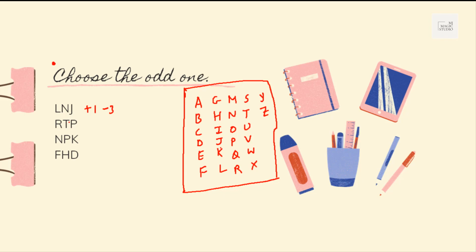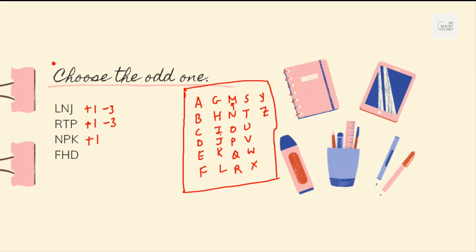So L plus 1 is giving me N, minus 3, going back from N, 1, 2, 3, then we'll reach J. Okay, R, T: R plus 1 is T, done. Then T minus 3, I'll check. 1, 2, 3 minus is P, done. N plus 1 is P, done.